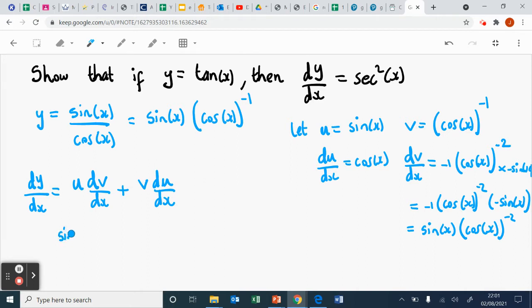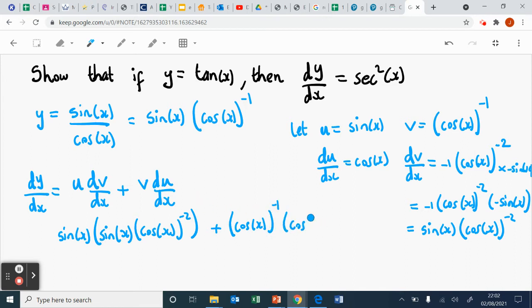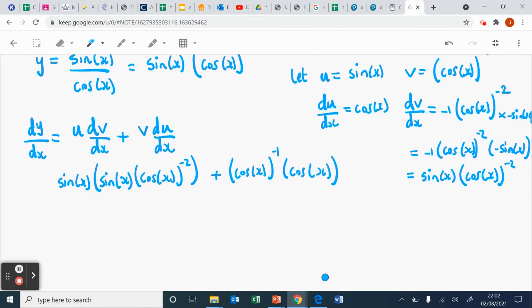So we've got here sine x. dv dx was equal to sine x multiplied by cos x to the minus 2. v was equal to cos x to the minus 1. So cos x to the minus 1. du dx was equal to cos x. Okay.